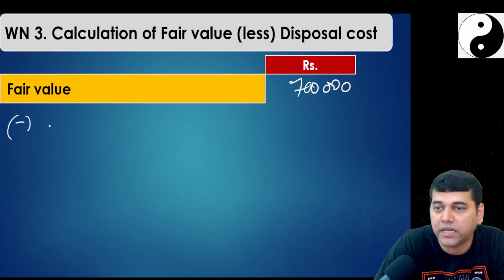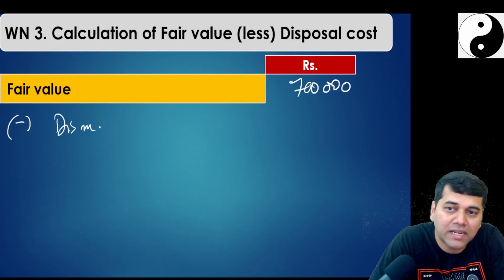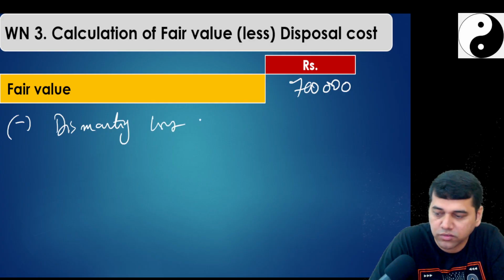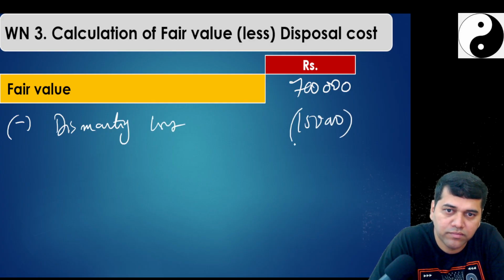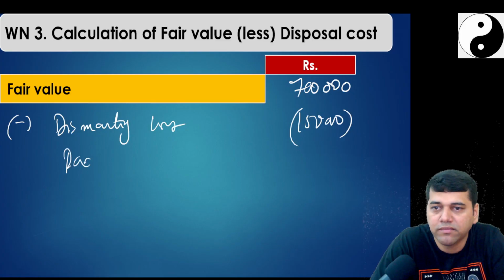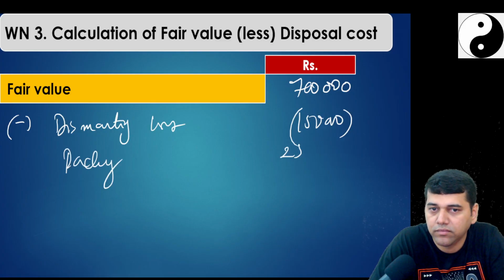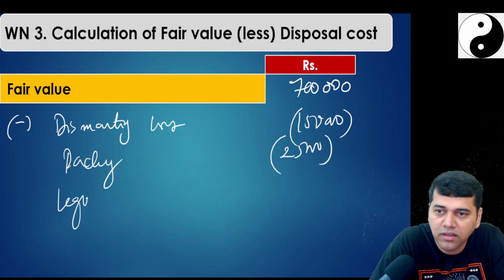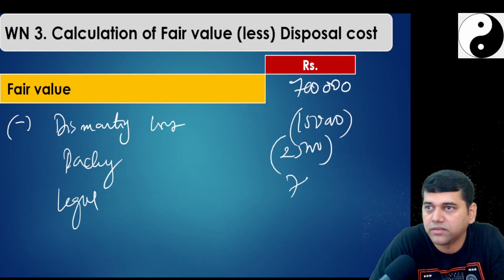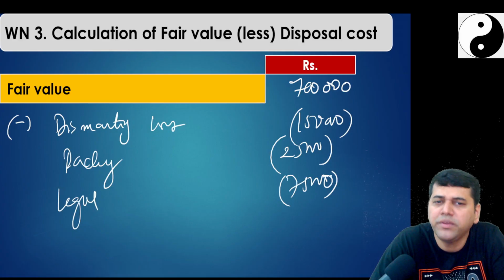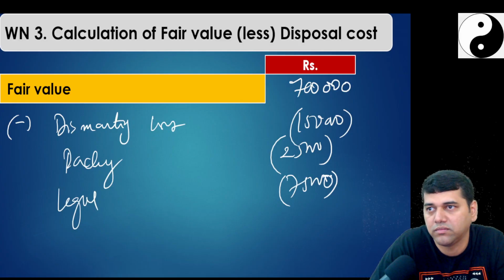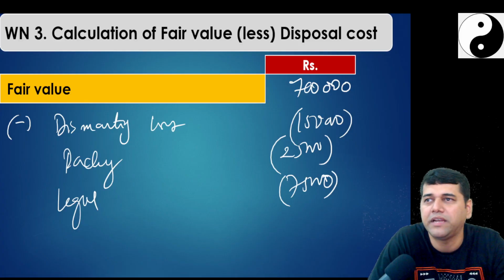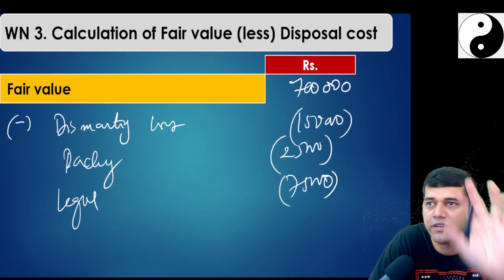Simply don't ignore that. Dismantling cost 1,50,000. Will I take packing? Yes. Legal? Yes. I am assuming this to be part of the sale, like legal fees to be paid for effecting this contract.